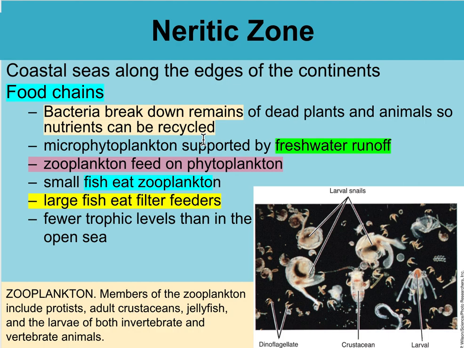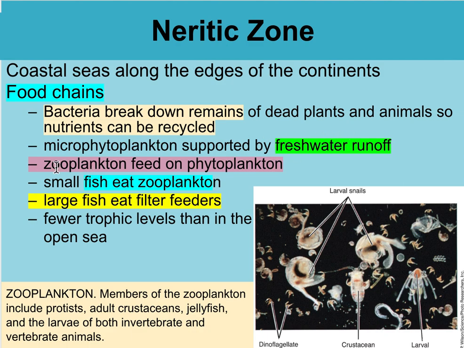So in the Neritic zone, the basis of these food chains is really the bacteria that break down dead and decaying matter. But from there, you'll have these microphytoplankton, very small plant plankton, and they will photosynthesize and grow and use nutrients from freshwater runoff.